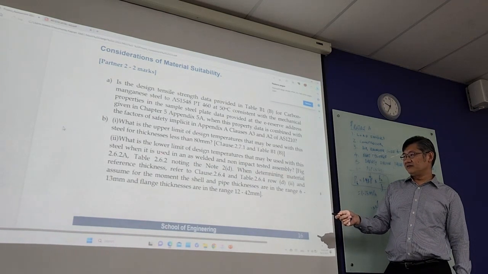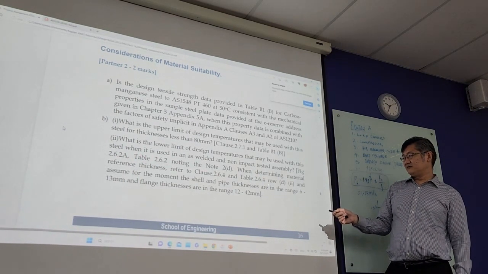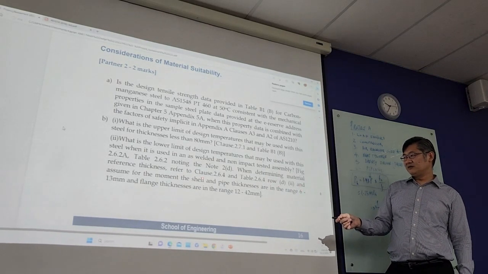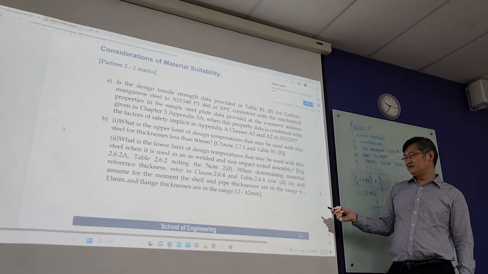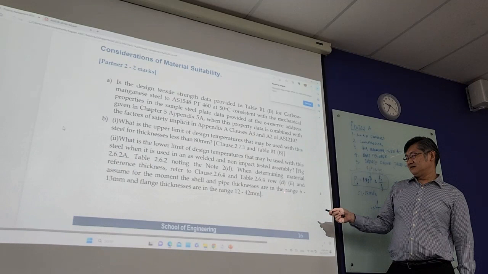So we refer to 2.6.2e, noting when determining material reference thickness, refer to this. Then assume for a moment the shell and pipe thickness are in the range of 6 to 13 mm.